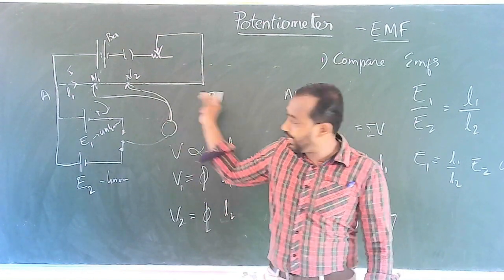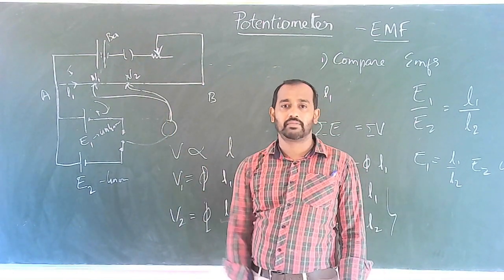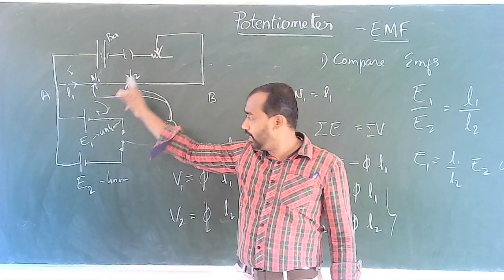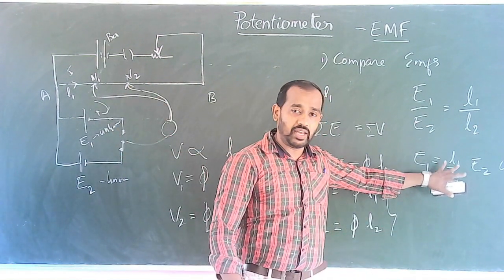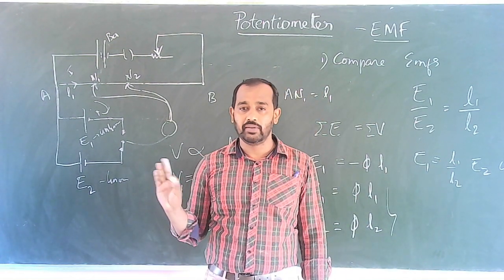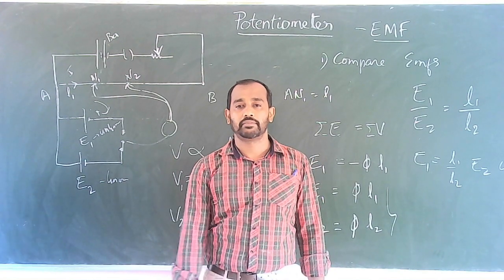Of course, there is a current in the wire, but it is due to the battery, not due to the cells. Since the potentiometer at the balanced condition is not drawing the current, we can exactly measure the value of the EMFs using the potentiometer. No other device can do this. So that's the advantage of the potentiometer.